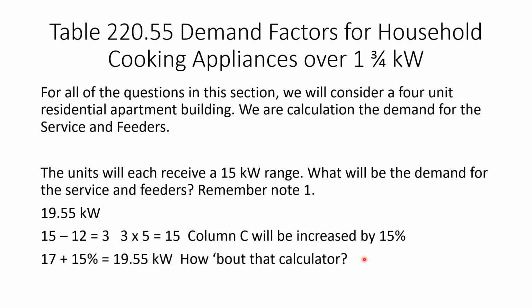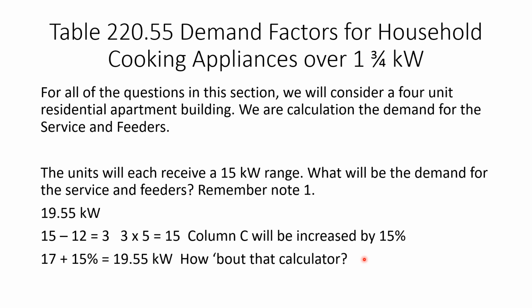So anyway, 17 plus 15, hit the percent key, hopefully 19.55 pops up. If it doesn't, like I said, hit the equal sign and see if it pops up. If you have a Casio calculator, this ain't gonna work. I would not even use a Casio calculator for this particular exam.